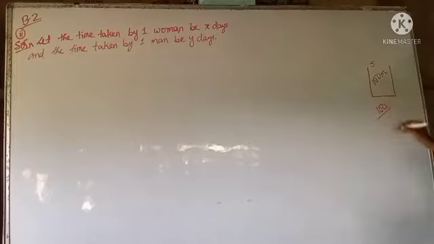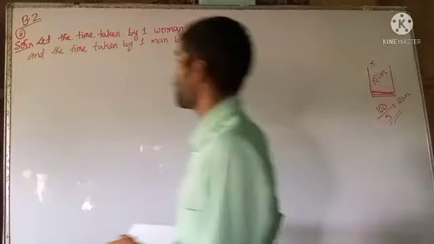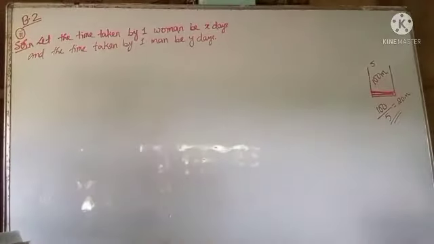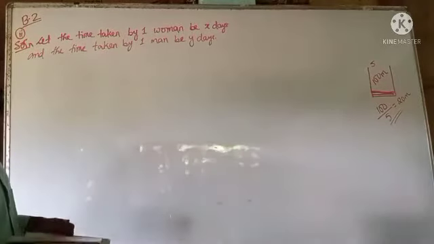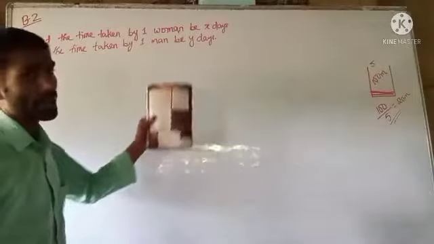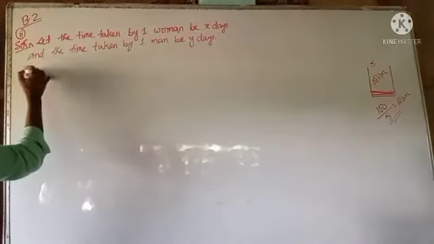That means total 100 divided by 5, then it is 20. That means one person can dig in one day 20 meters. The same thing we are going to use here also. That means we will find the time taken by 2 women to finish that embroidery work in X days.